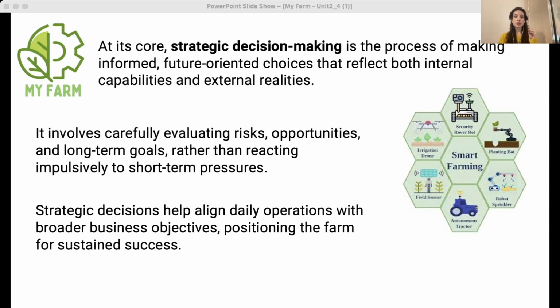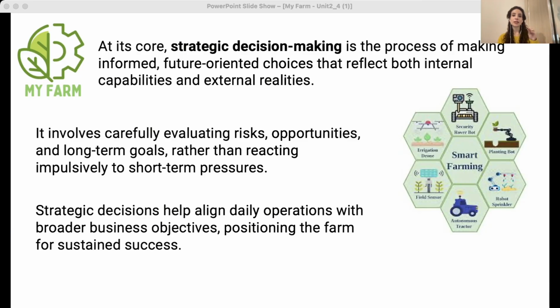At its core, strategic decision making is about making choices with the future in mind. It means basing decisions on a realistic understanding of the farm's internal strengths and limitations, while also taking into account external conditions such as markets, policies, and environmental risks.